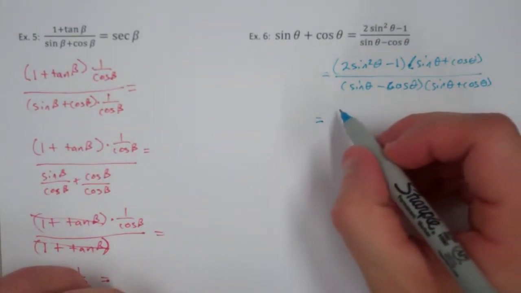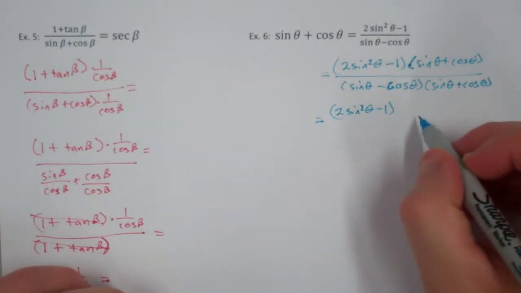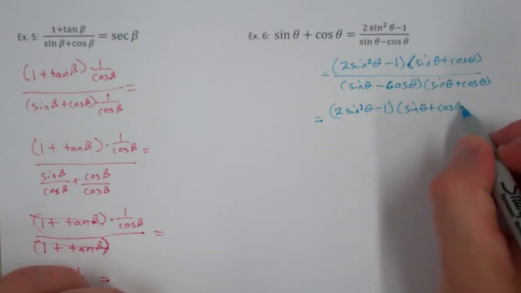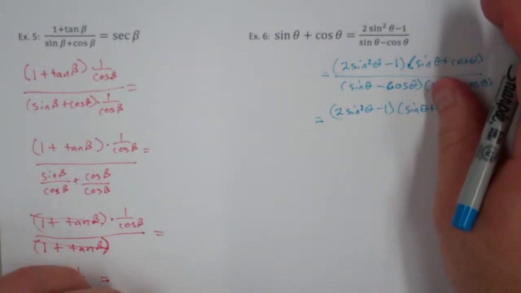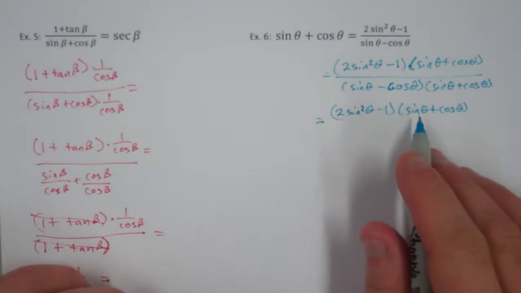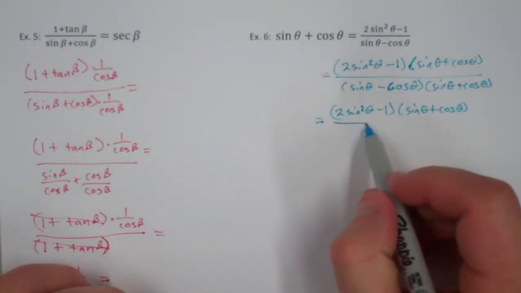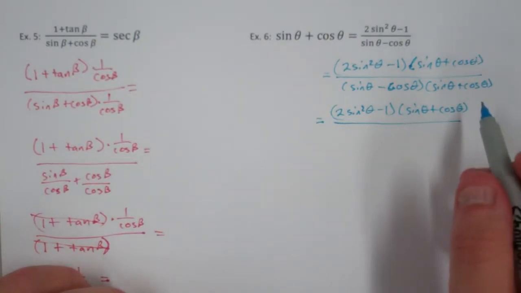In the next step, we can keep this 2 sine squared theta minus 1. We'll keep this sine of theta plus the cosine of theta. We want that to remain in the top if we want to make this look like the left-hand side. So sometimes it's better not to FOIL this out, just to leave it. You want it in the top anyway, so maybe we get lucky here. Maybe something will cancel out with the denominator.